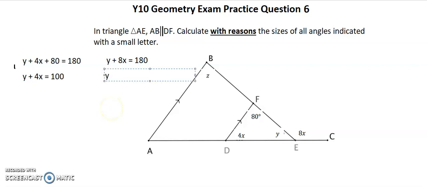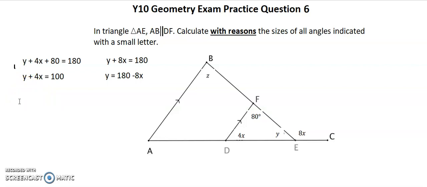So I'm first going to get y by itself, and that's by taking away 8x from both sides. And now I've got y equals 180 minus 8x. So the next step is, I know this is worth y, so I'm going to put it into my equation.